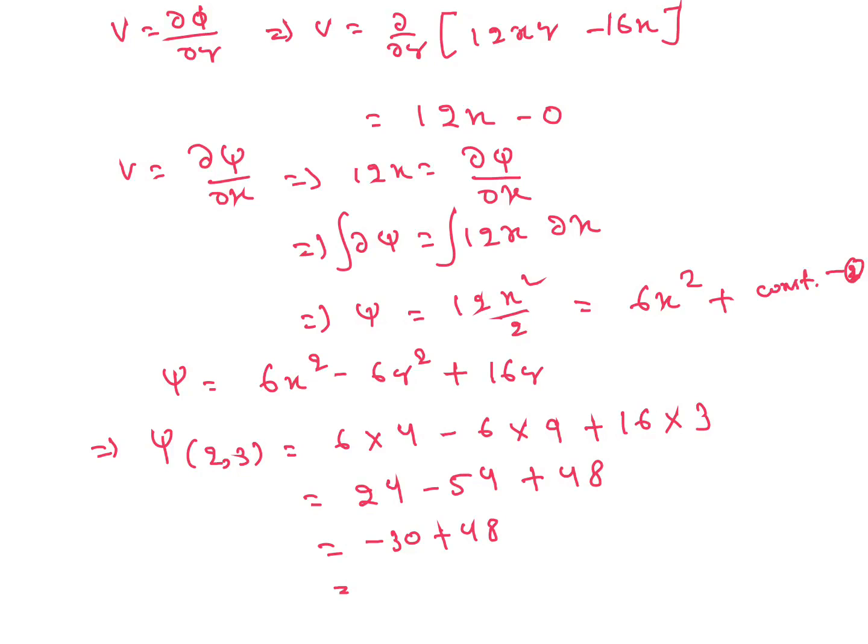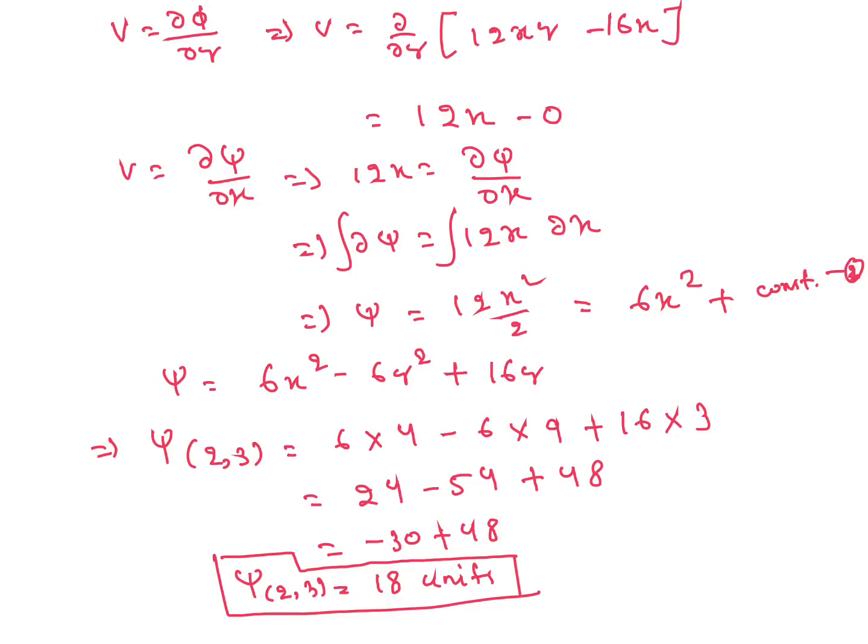Psi, stream function at point 2, 3 equal to 18 units. So option C is our answer.